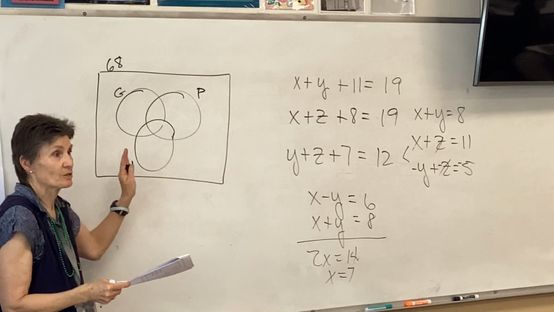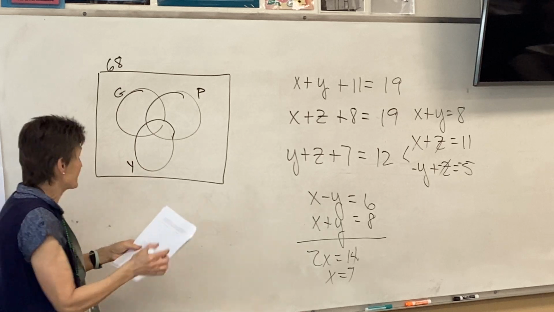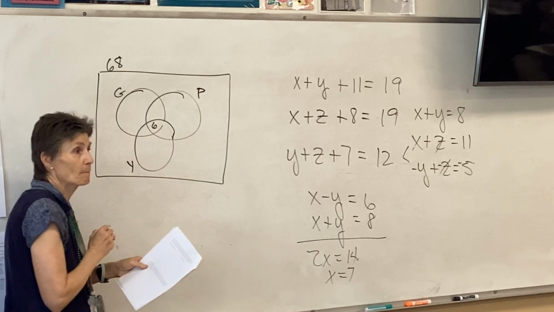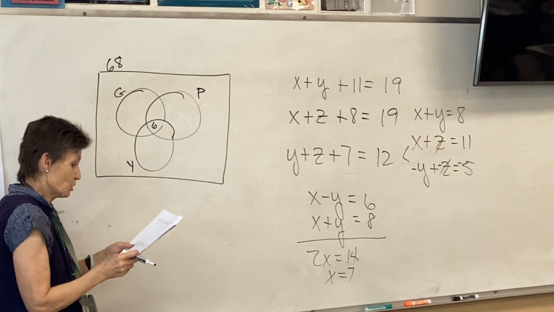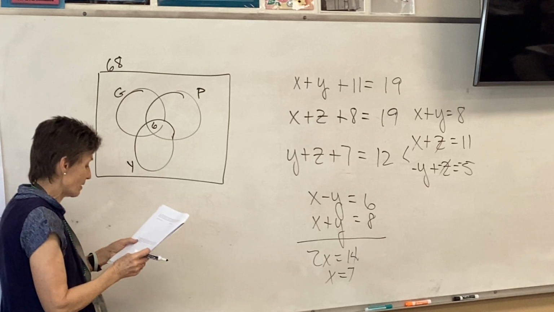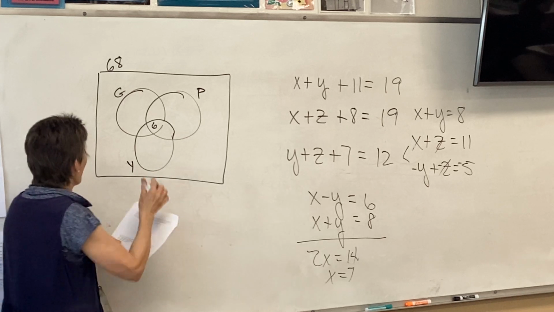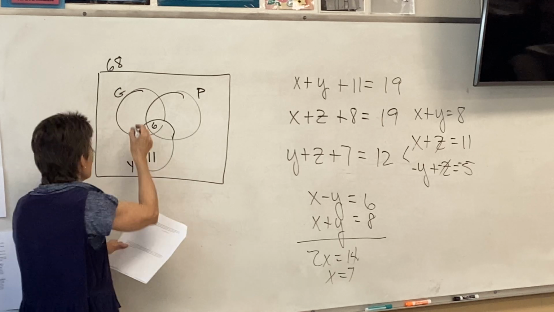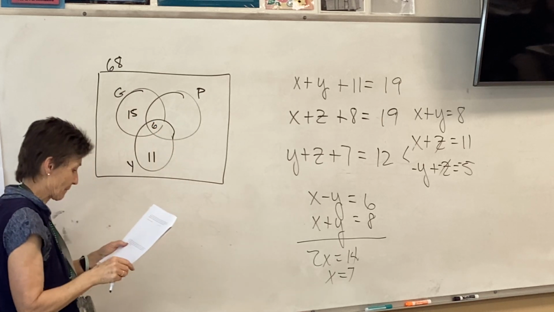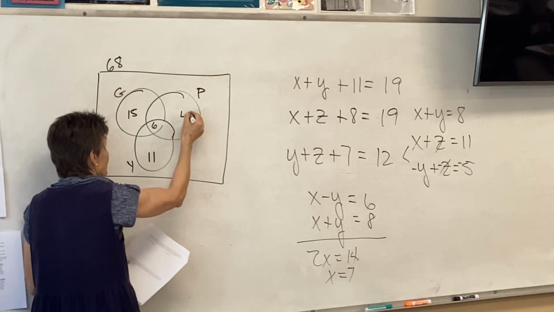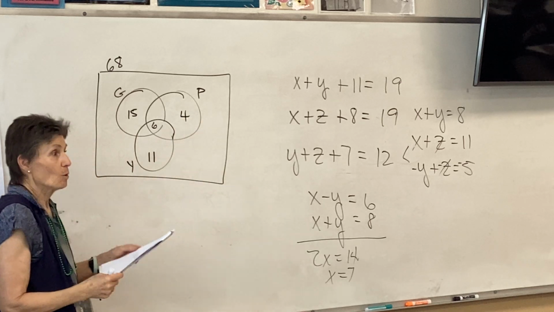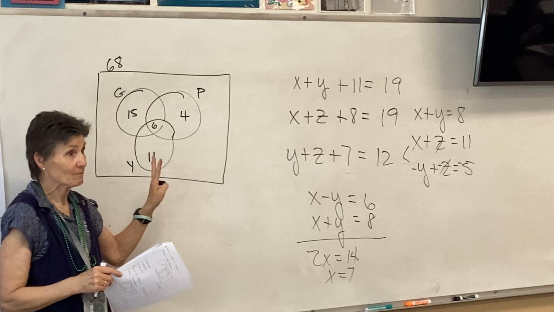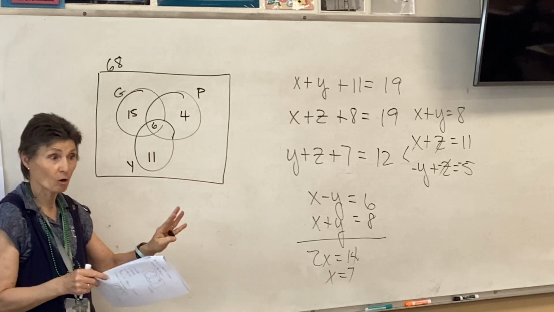We won't do the equations, so let's fill in what we can. 6 like all 3. 43 like green. 11 like only yellow. 15 like only green. And 4 like only purple. Would you agree that that's all I can fill in right now? Yes. But that's all given.